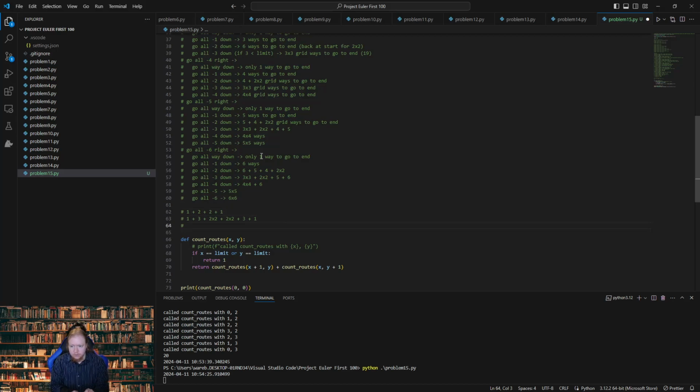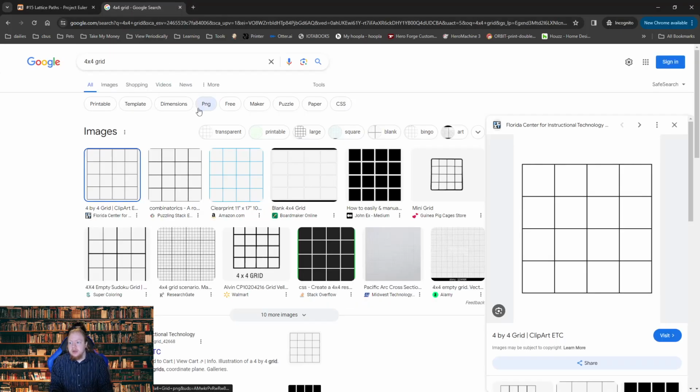And then for the 4x4, if we didn't think about the pattern too deeply, it would be like 1 plus 4 plus 3x3 plus 3x3 plus 4 plus 1, which is exactly what I originally said, but that's not correct because it is ignoring coming to this point and going down.